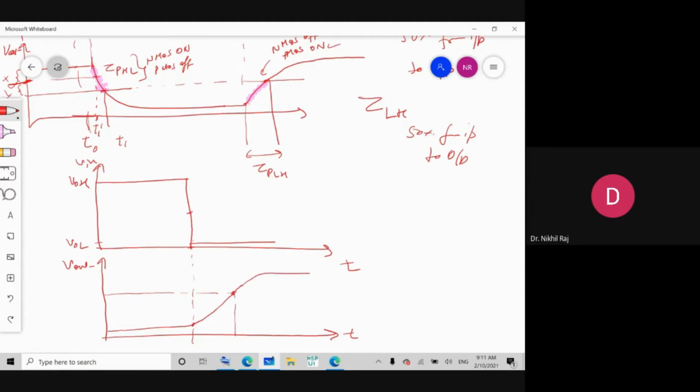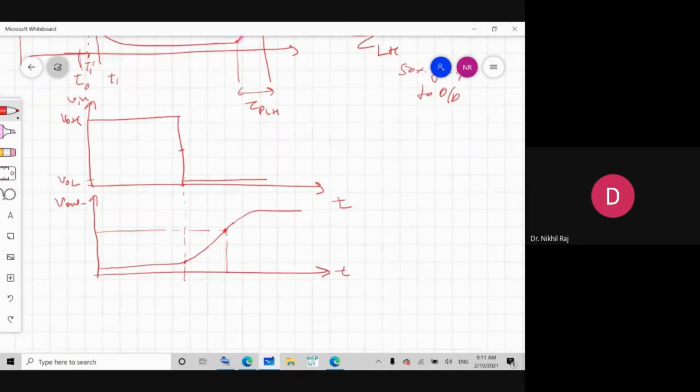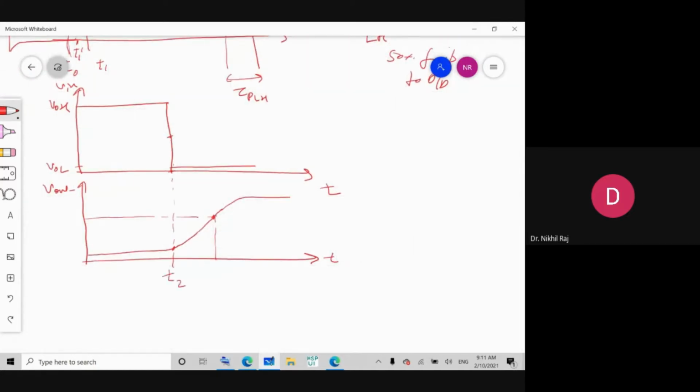Let us name these T1 and T0, and T1 we have kept, so let's name this T2. In this region, what happens? For the CMOS inverter, this was the architecture. Here it is V in, here it is V out. Now this is off, this is on.